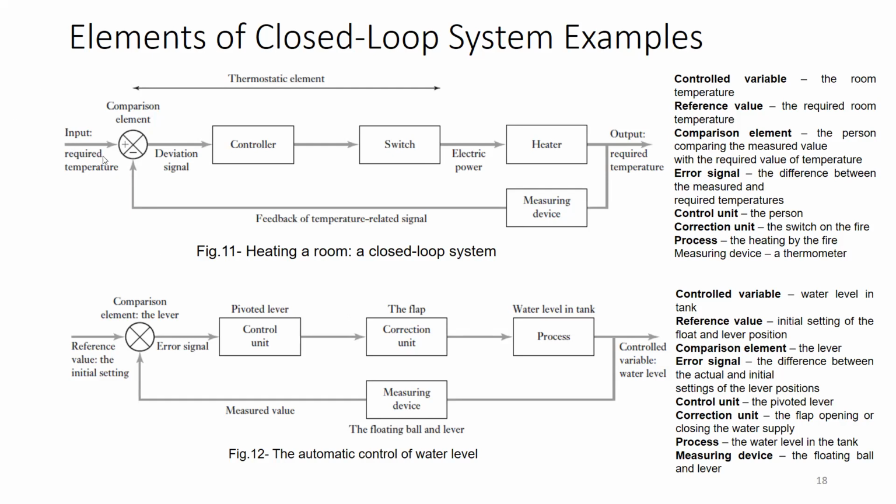Now, the input signal is the required temperature, as we have seen yesterday also. The required temperature is our input value, and this input value goes firstly to the controller through the comparison element. Here you can see the various units.